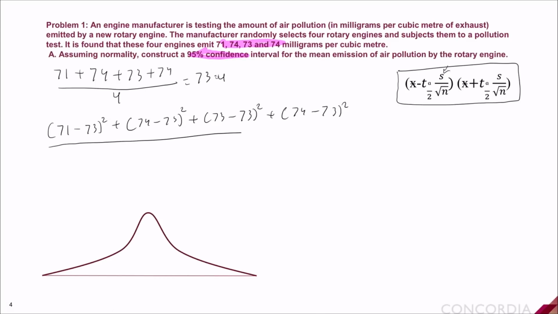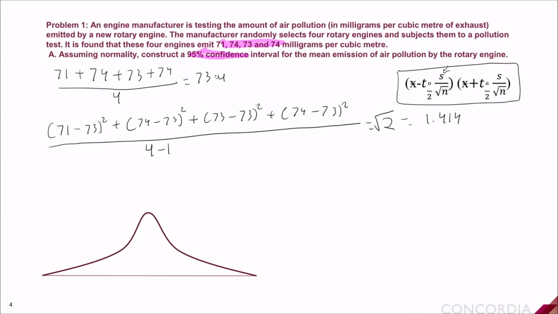And we're going to divide the entire thing by 4 minus 1, and that will give us a value of 2. That value represents our variance. So now to actually get the standard deviation, we have to take the square root of 2, which gives us a value of 1.414.